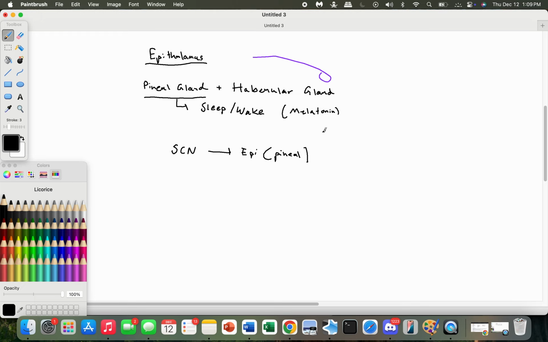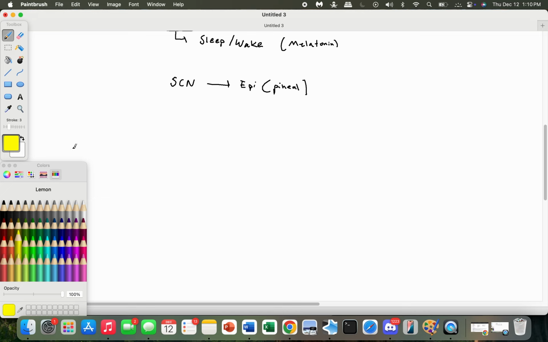Basically the way it works is you will get light sensation from the environment, and then your eyes will perceive that. In the back of your eye, you have a retina. Okay, in this retina, you have your ganglion cells.